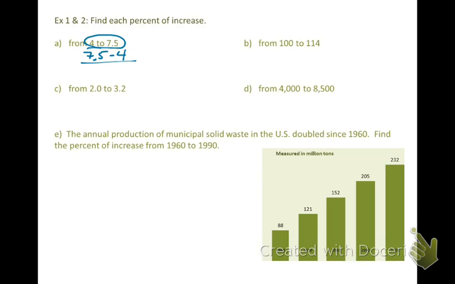Yep, very good. And then on the bottom part of it, you are going to put the first number they give you. So 4. The bottom number will always be your first number. The top number will always just be the bigger number subtracted by the smaller number.